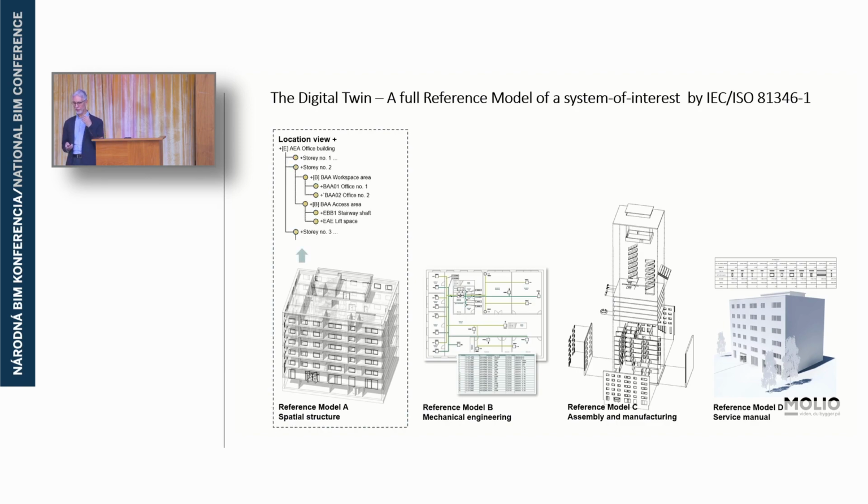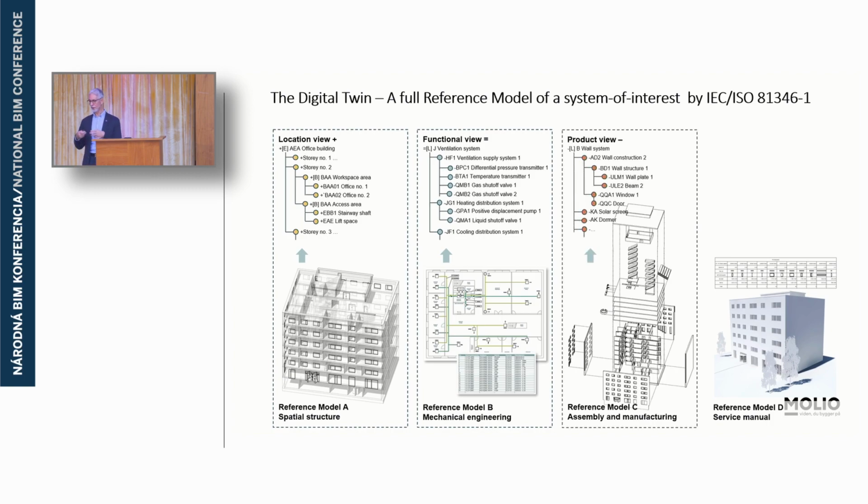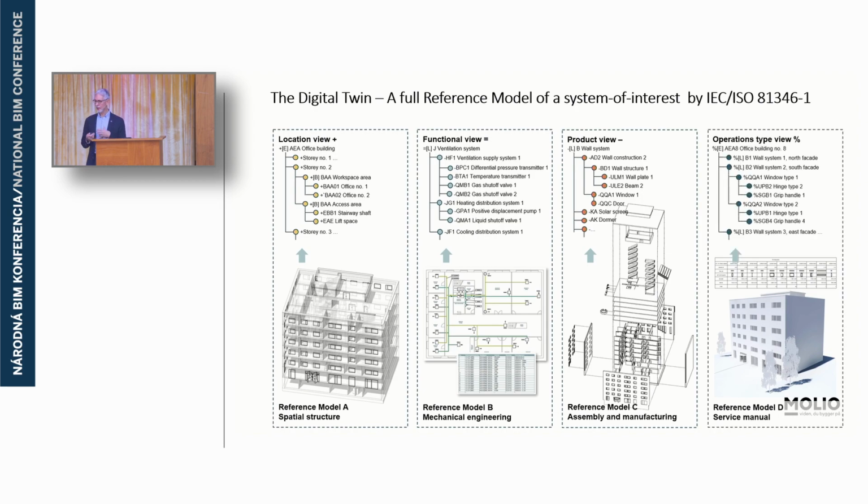So what we actually can do with the way we can use CCI for configuration, we can make, for instance, spatial structure, location view information. We can have, for mechanical engineering, the functional view, specification, all the information attached to all the object classes we have there, or for assembly and manufacturing, what we call the product view, and for operations type of view, we can also make those structures.